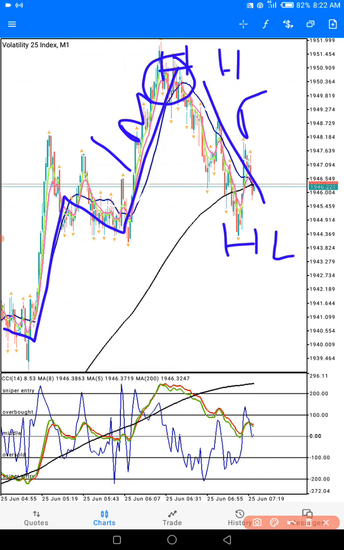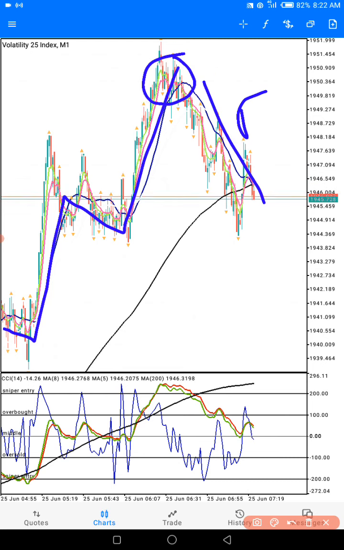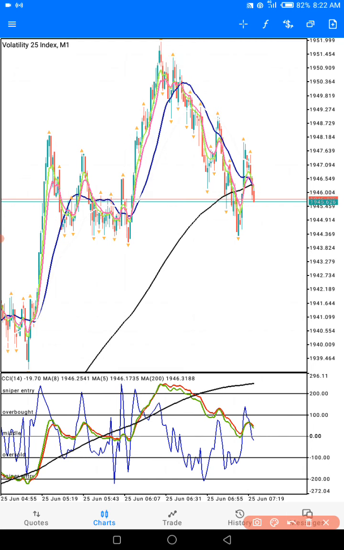It's still going to continue because the trend is currently moving in this wave sign. Now we're going to check the higher time frame and see what is happening up there.